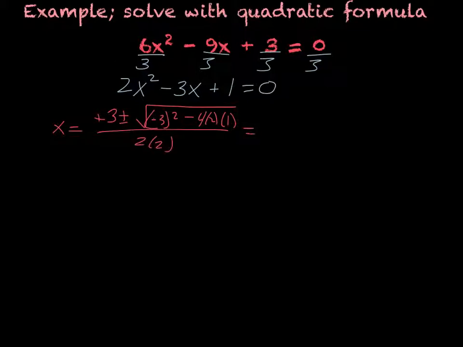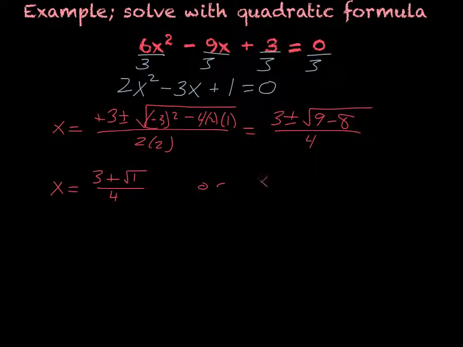That's going to give me 3 plus or minus the square root of 9 minus 8 divided by 4. So x equals 3 plus the square root of 1 over 4, or x equals 3 minus the square root of 1 over 4.